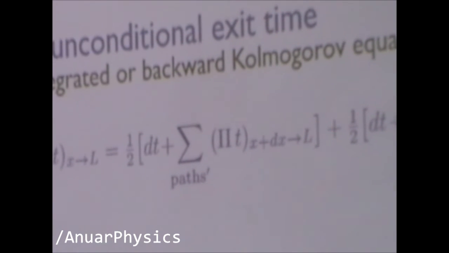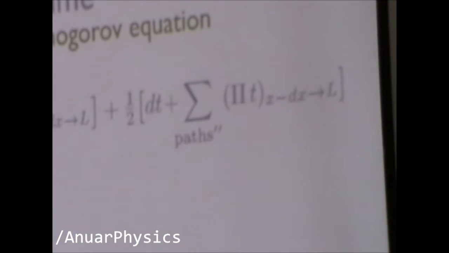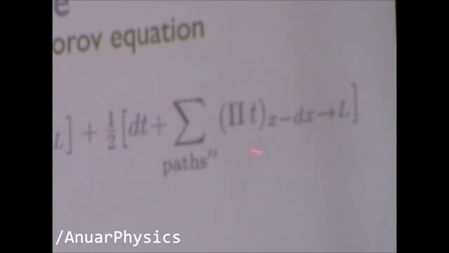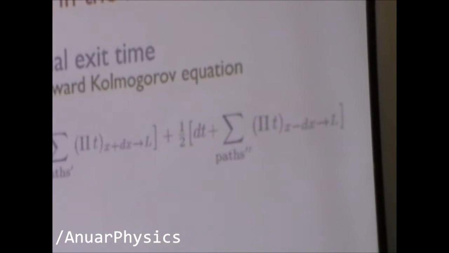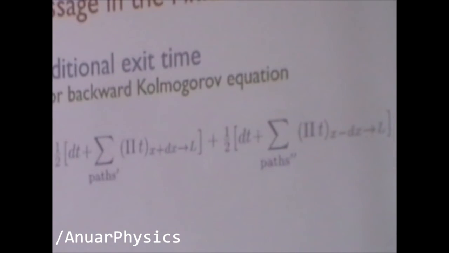So hopefully this equation is familiar because it's the same as the exit probability. Or I made my first step to the left, and so I have the time that I wasted in the very first step plus average time starting from x minus dx. And each one of these cases happens with probability 1/2.